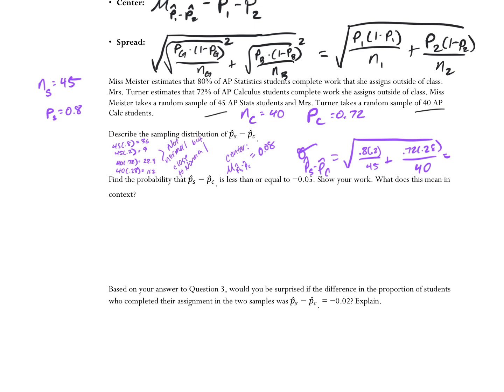What are we getting? 0.043. Okay. So normal-ish, we're assuming. 0.08.